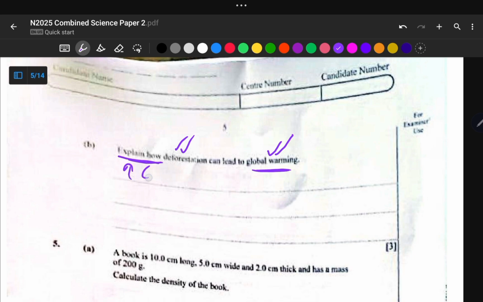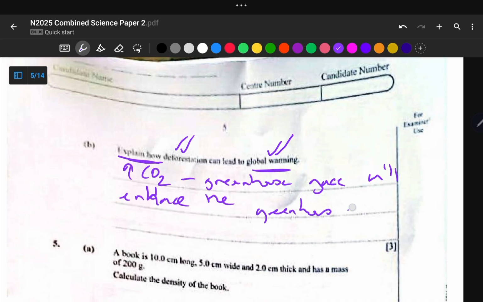So we have an increment in the amount of carbon dioxide in the air, which is a greenhouse gas, and this will enhance the greenhouse effect, thereby leading to global warming. And also you need to define the term global warming, as simple as that.